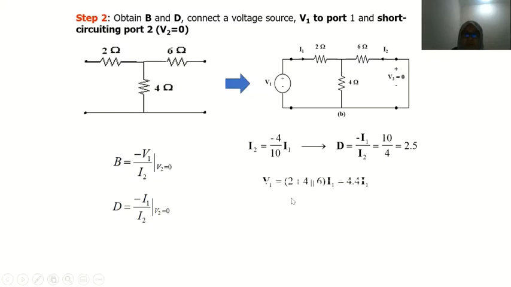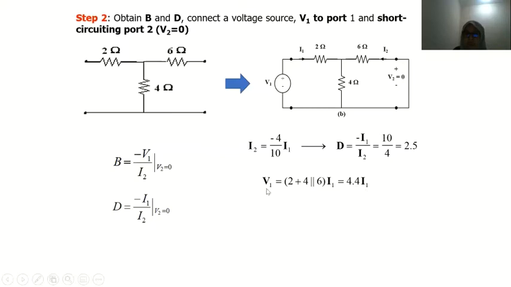Now we know that your V1 is equivalent to your 6 ohm resistor in parallel with your 4 ohm resistor and in series with your 2 ohm resistor, times your I1, which gives you 4.4 I1.